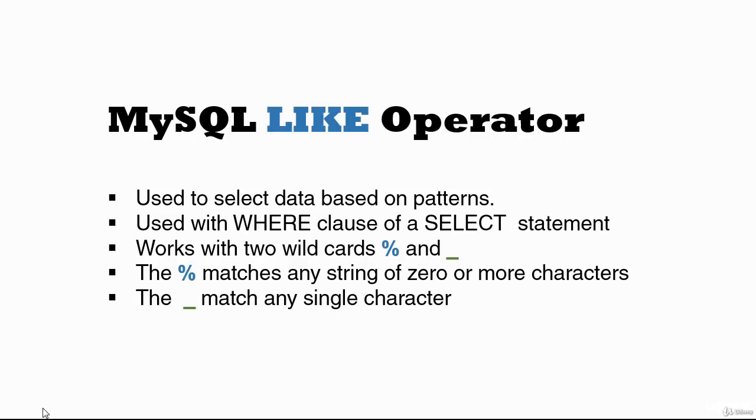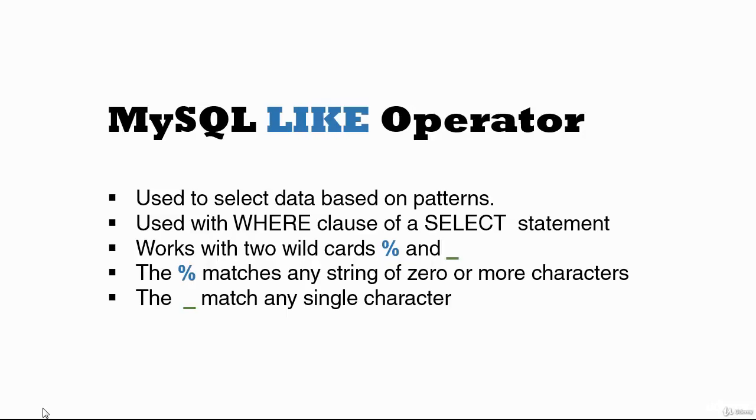When the like operator is used with a percent, it will search for a specified pattern on any string from 0 or more characters. It depends on where you place the percentage within the search criteria. The underscore, on the other hand, is used to match only a single character pattern.